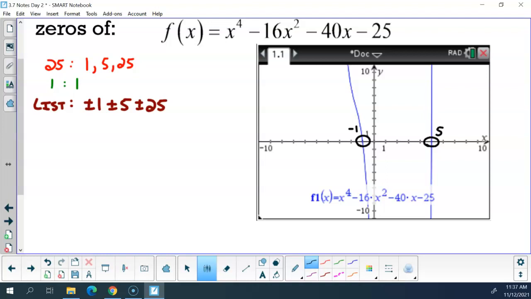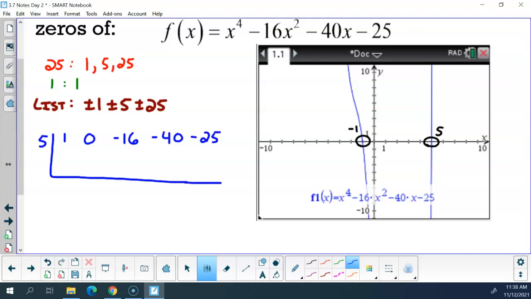Which one do you want to do first? 5? Okay. So we're doing 5. We go 1, 0, negative 16, negative 40, negative 25. 1, 5, 5, 25, 9, 45, 5, 25, 0.